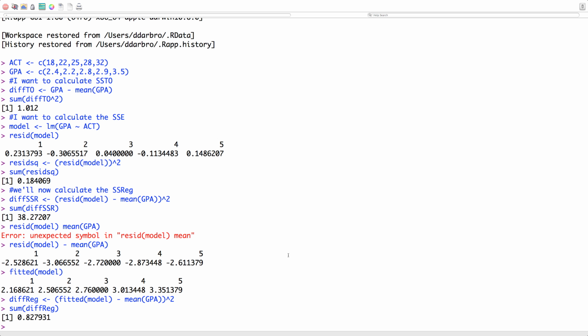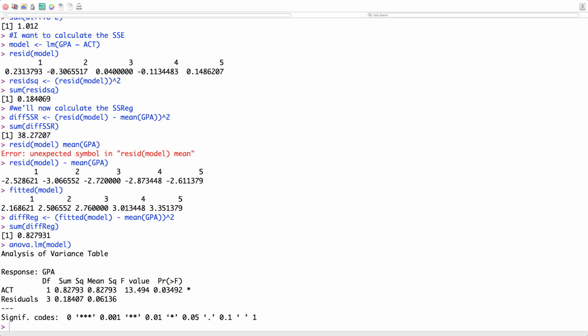I'll tell you what I want to do. I want to go ahead and run the regression. So we've got our model up here. So what I could do is ANOVA for the model.